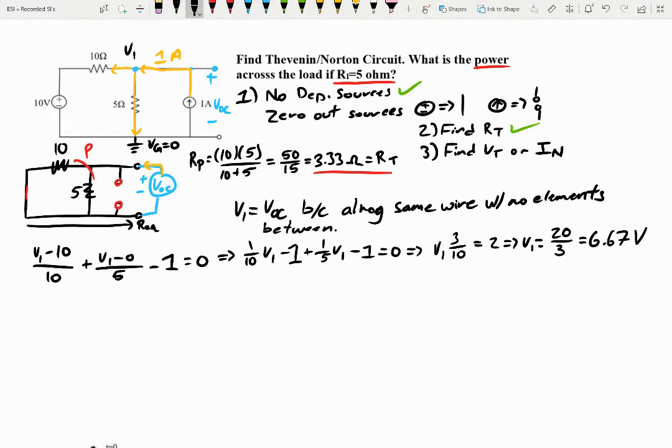Because there's no elements there to suck up any voltage from anything, so we can just say that VOC is equal to 6.67 volts. All right.